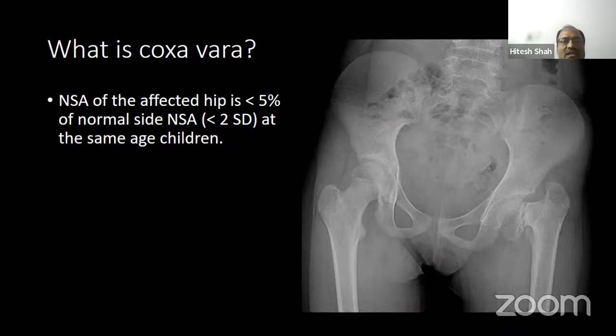So whenever the neck shaft angle of the affected hip is less than the 5th percentile of the normal side neck shaft angle, it would be considered as the Coxa Vara. It is very important to say that we are talking about the same age. In adults, we'll say a neck shaft angle less than 120 degrees, or 110 degrees, would be considered as a Coxa Vara, but that may not be true.